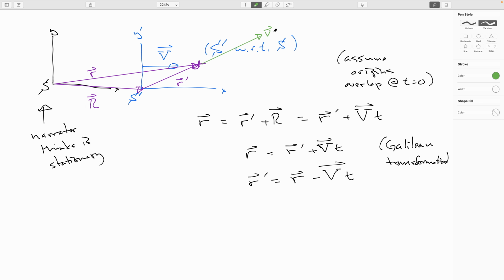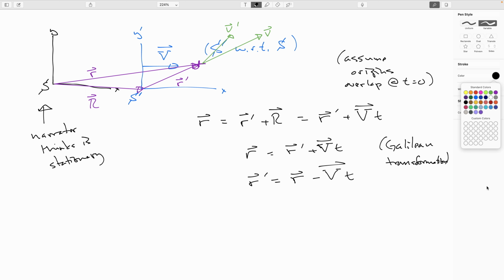We'll call that V because there's no prime to it. It'll turn out that this will be roughly the velocity that S prime would measure for the same object.